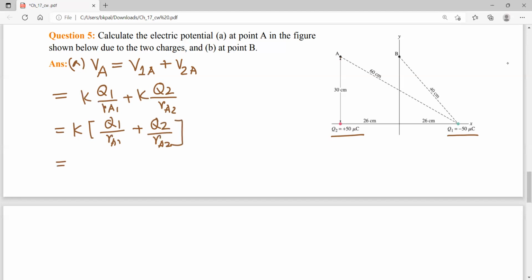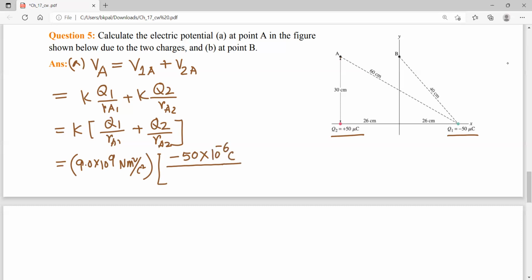So what is K? K is 9 times 10 to the power 9 Newton meter square per coulomb square. What is Q1? Q1 is negative. Because all the quantities are scalar, you have to explicitly use the negative sign.